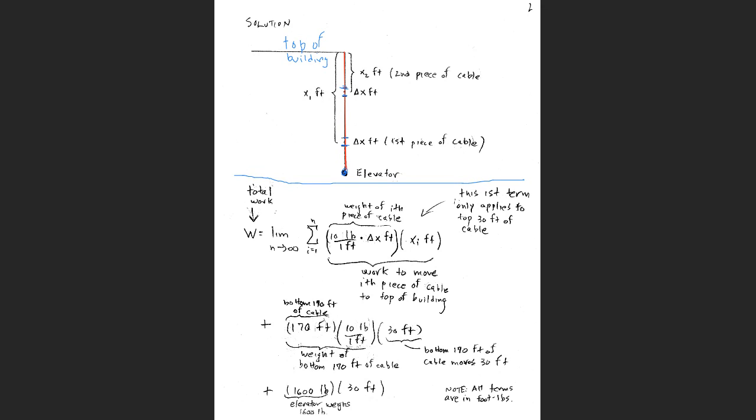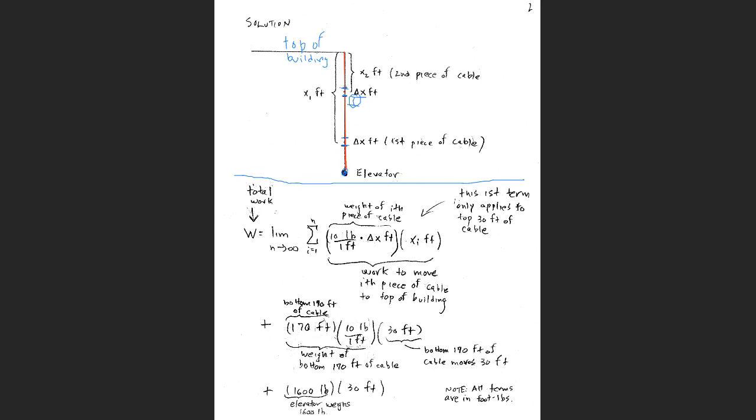Now, let me just see here one moment. I want to keep things nice and neat here. So let's call this piece of cable Roman numeral 1 piece of cable.